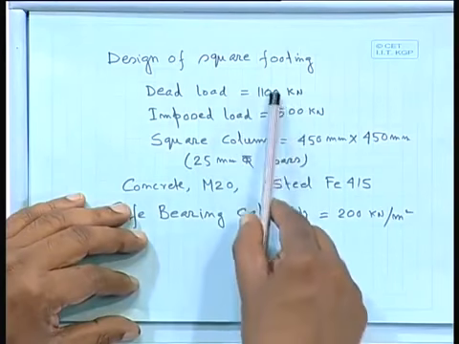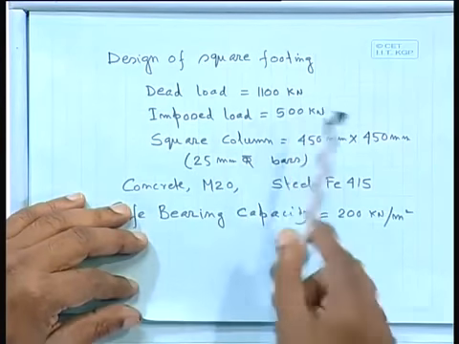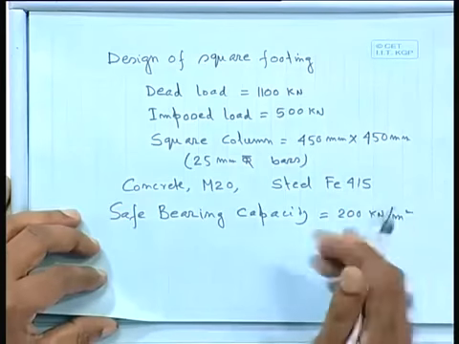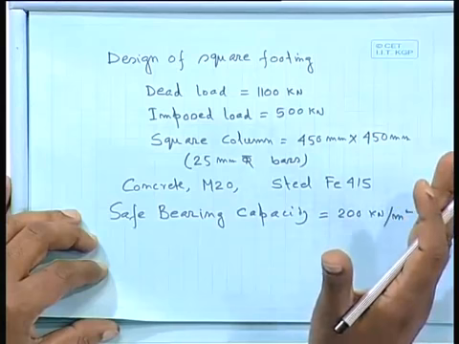What I mean to say is that the dead load supports the structure; if it is 50-50, we can say it is economic or optimum, but in most cases it is not at all possible to make it economic. In this case, finally, you are coming to a dead load and live load ratio of almost 2:1. On the basis of that, one can estimate the cost and other things also.